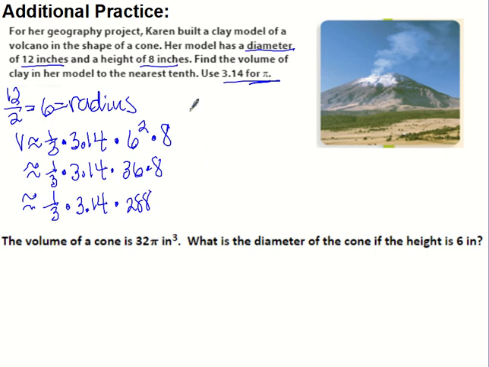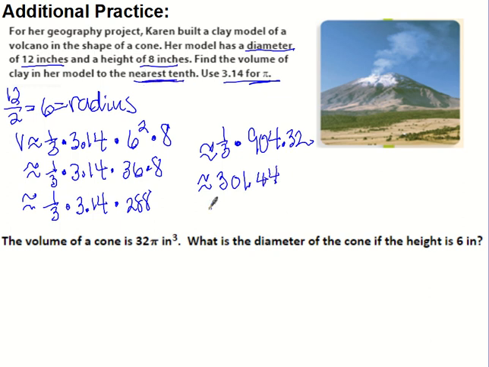So 36 times 8 is 288. Then I'm going to times that by 3.14, which gives 904.32, and then I divide by 3. We get about 301 and 44 hundredths. It says to the nearest tenth, so we're going to say about 301.4 inches cubed.